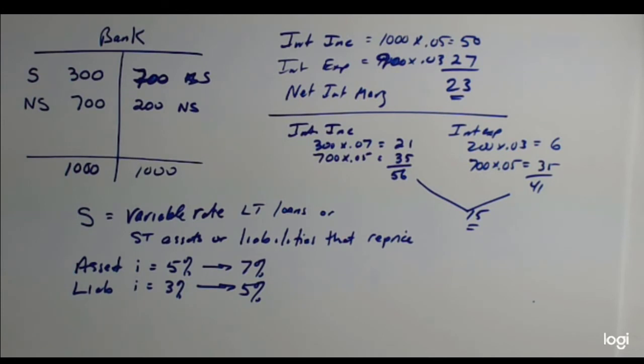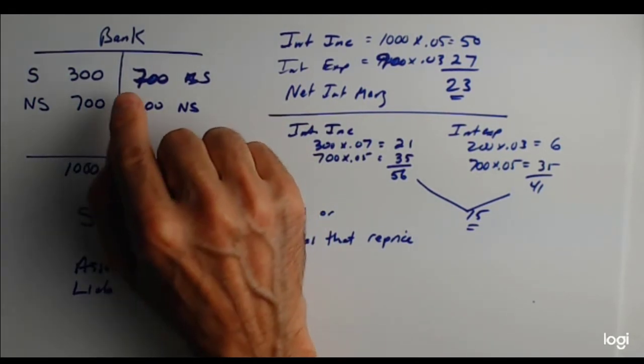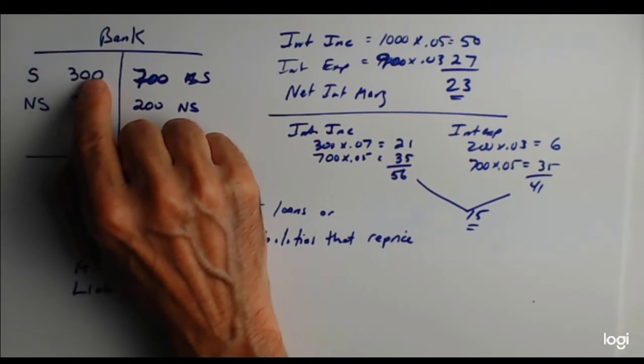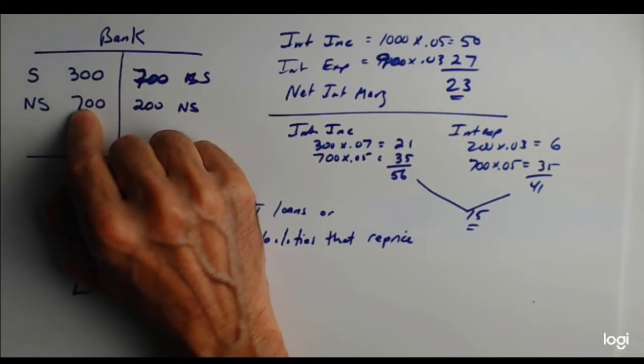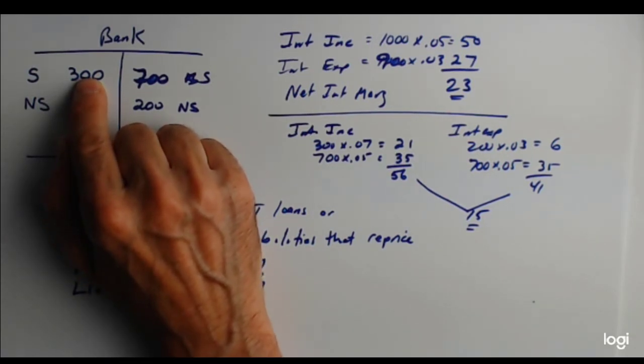Now what we want to do is ask, well, why did this happen? Let's try to diagnose what happened. Just look at the balance sheet here on the asset side. You had assets where most of them were non-sensitive, and only a few were sensitive to the rise in interest rates. Those sensitive assets, which we would refer to as repricing, repriced from 5% up to 7%.